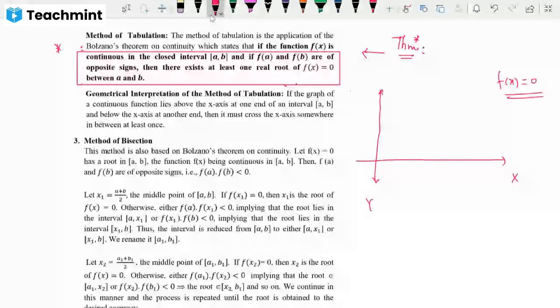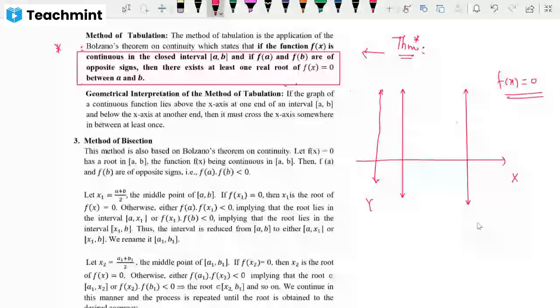Suppose f(a) is positive and f(b) is negative.